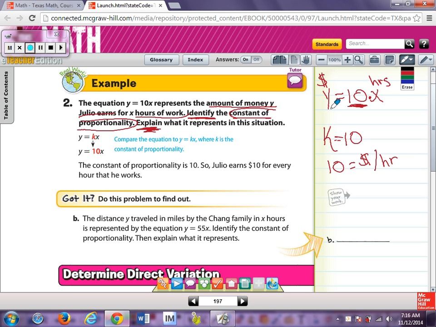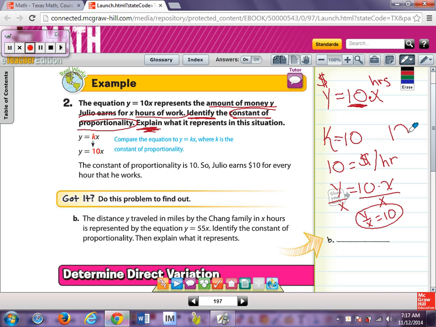Another way I can prove that mathematically is I want to get 10 all by itself. I have y equals 10 times x. Well, I want to do the inverse of multiplying times x, which would be dividing by x. When I do that, I get y over x equals 10. This was the formula we saw on the previous page on the top. It says to get your constant proportion, you take your y divided by x, and whatever you get is your answer.